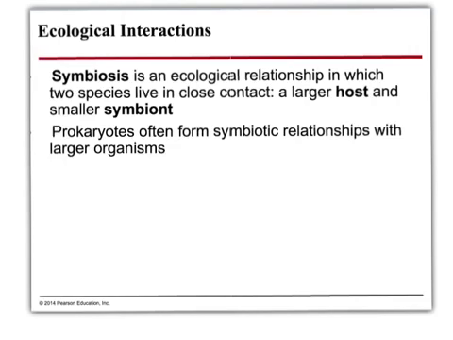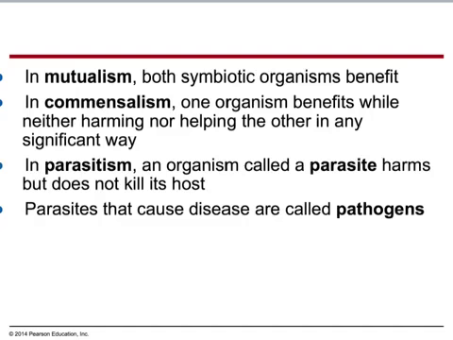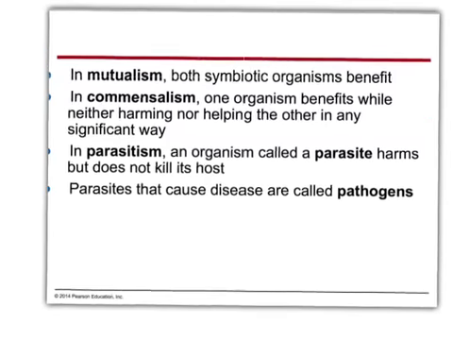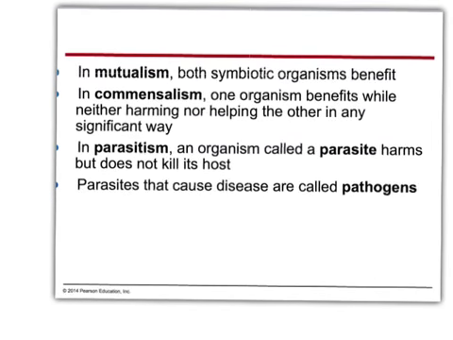So the plant serves as a host, the bacteria is the symbiont, and they are working together. Right? One is giving substances to the bacteria, the bacteria is giving substances to the plant. All right? And this is often found between prokaryotes and larger organisms. The relationship, a lot of times, is mutualistic, whereby both organisms benefit, such as the plant and the rhizobacterium. All right?